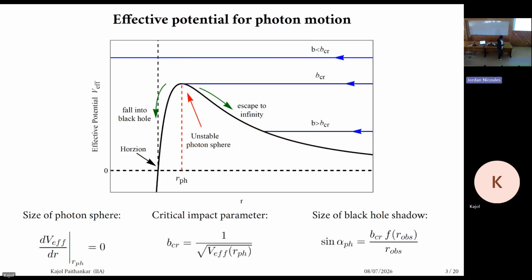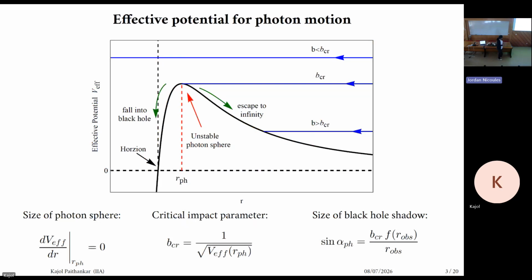Once I have this potential structure, I know where the horizon lies and where the peak is. This gives me the photon sphere radius. The magnitude of the peak gives me the critical impact parameter. This just comes from the equations of motion for the photon. Once I have the photon sphere radius and the critical impact parameter, it's easy to find the angular size of the black hole shadow at the observer's location.